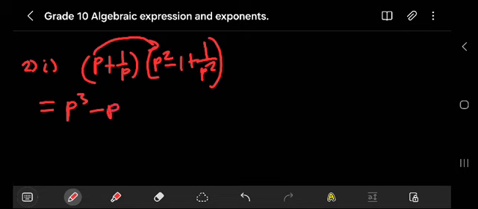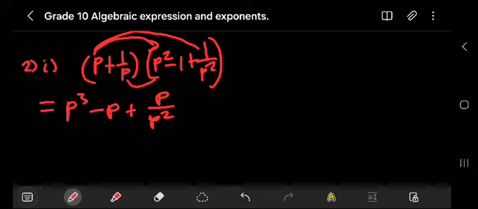Then you come to that one, p multiplied by 1 over p squared will be plus p over p squared. Come to this one, 1 over p multiplied by p squared.